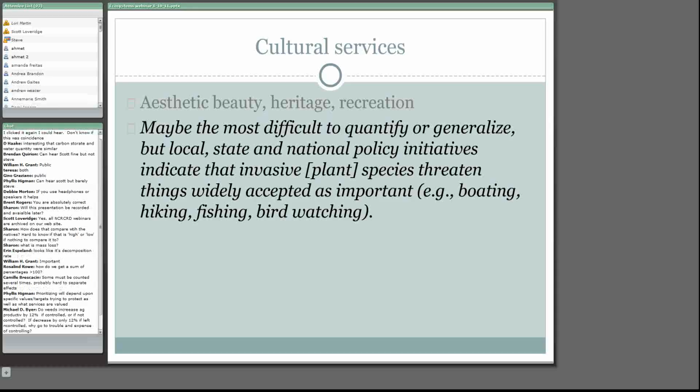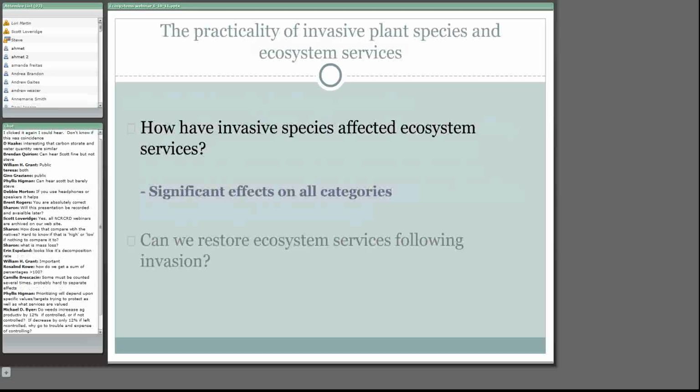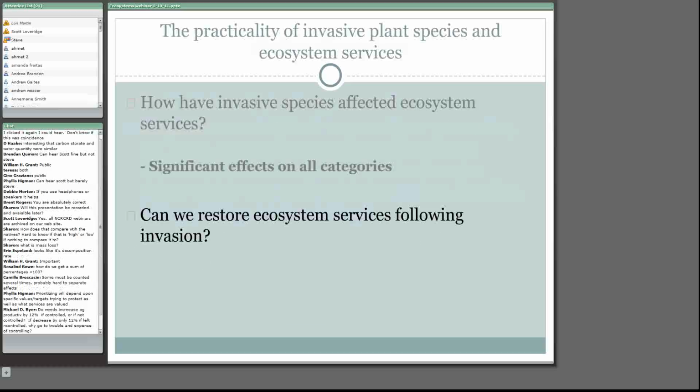So the practicality of invasive plant species and ecosystem services. So obviously they've affected ecosystem services, in some cases more significantly than others. But the question is, can we restore ecosystem function following an invasion?